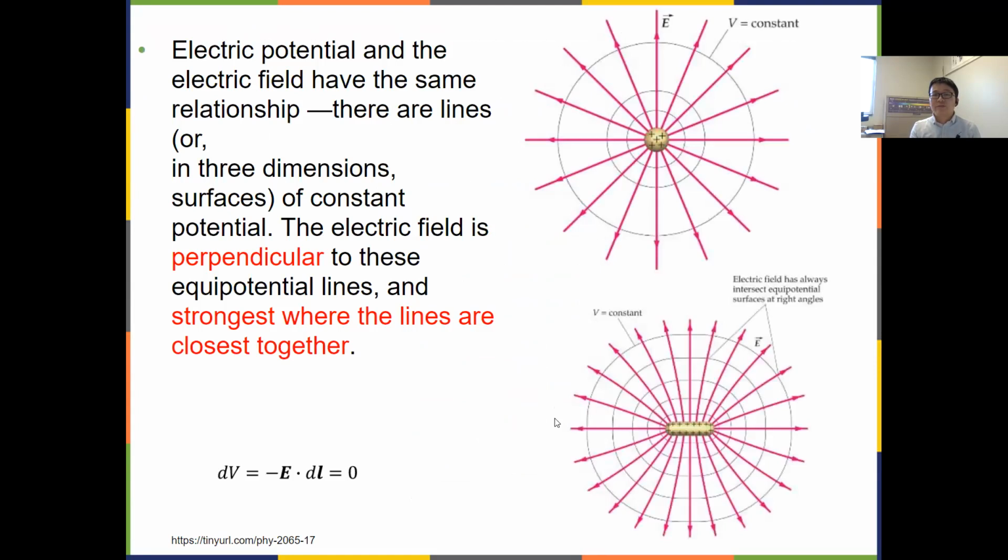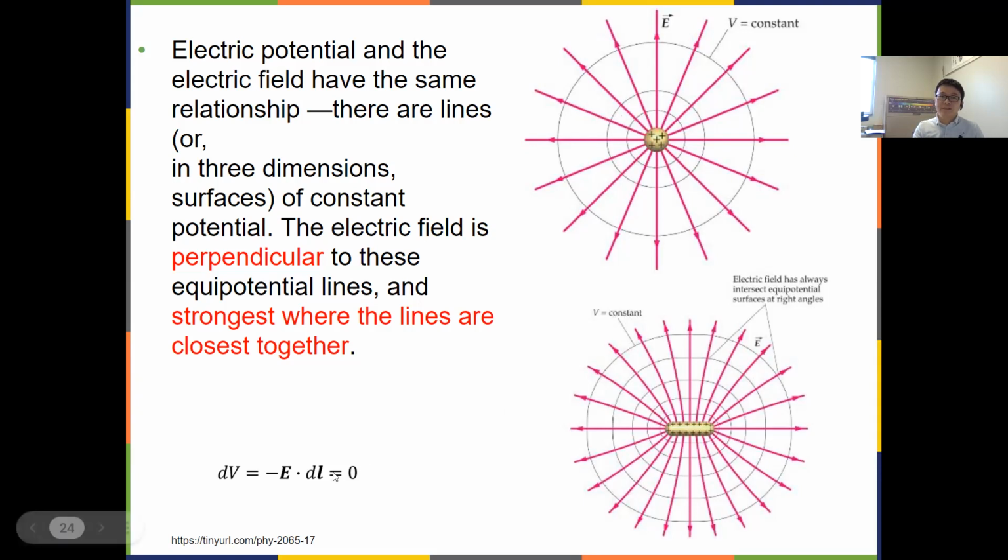And if you have a non-uniform field, in this case by a spherical charge distribution, those circles could be thought of as a cross-sectional view, so you just think about the spherical surfaces. On them you will have equipotential surfaces. On an equipotential surface, the potential should be equal everywhere, so the change in potential equals 0.